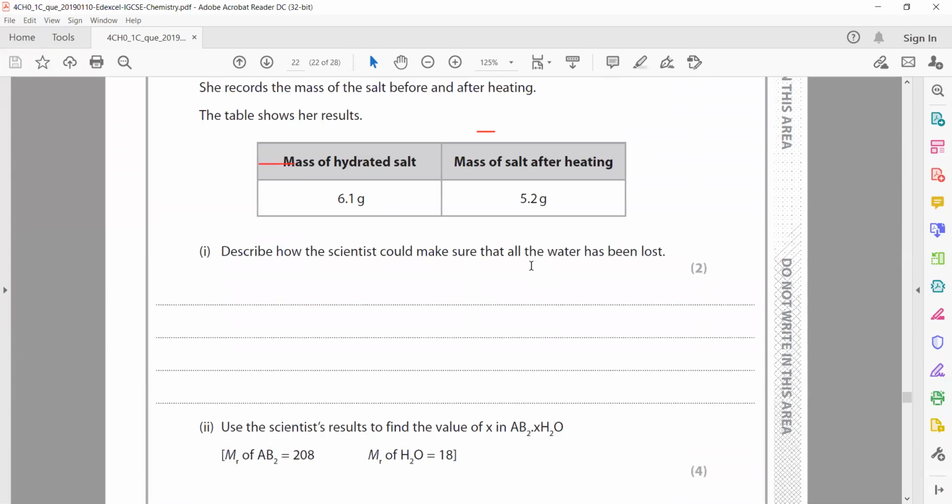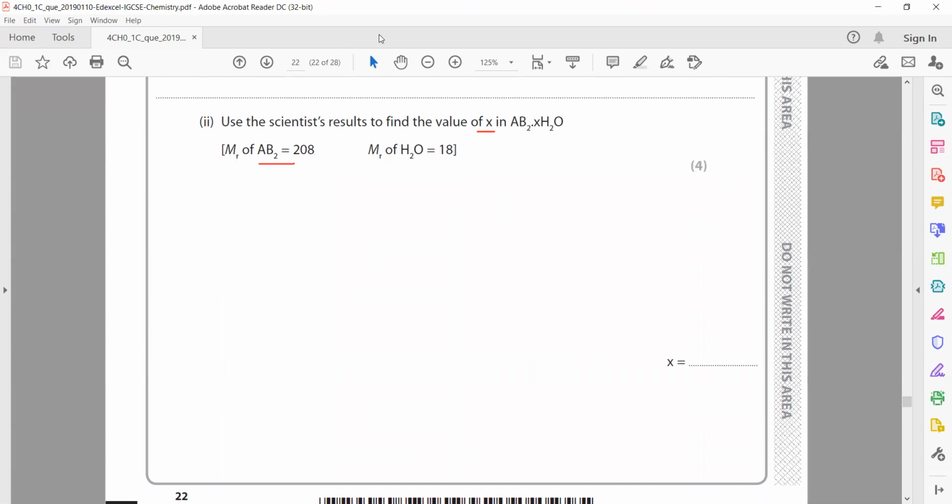So we'll take the difference to get the mass of water. The mass of the water will be 6.1 minus 5.2, that is 0.9, and AB2 is 5.2.